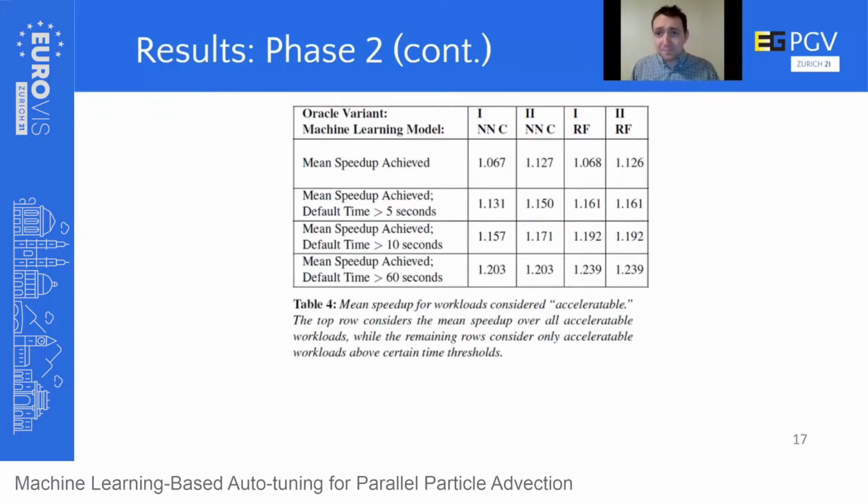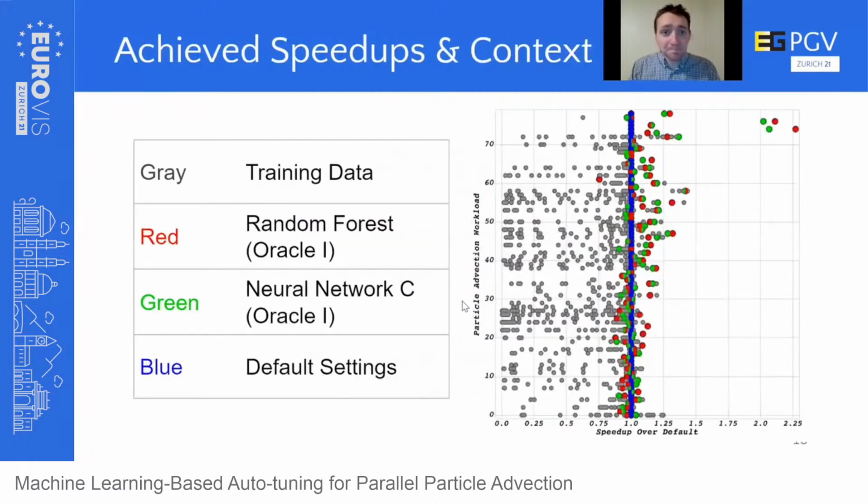That is to say, once we examine a workload and say, yeah, we can do better than the defaults. For those cases, when we ran them, for those that ran for a while, we got about a 20% speed up over the defaults.